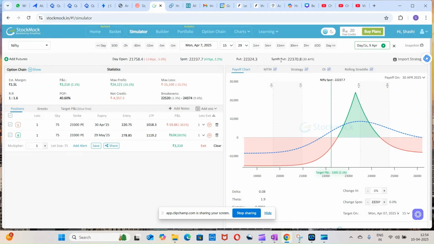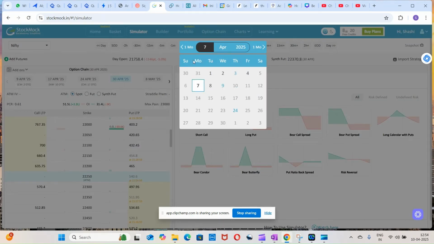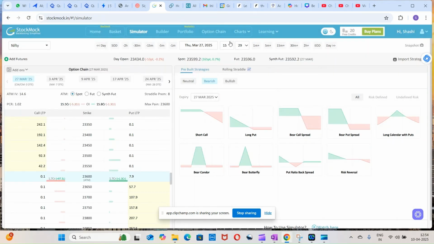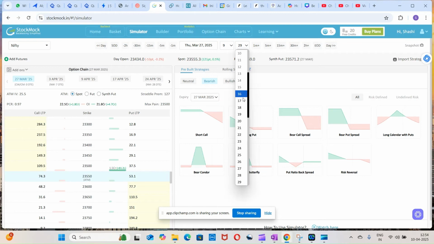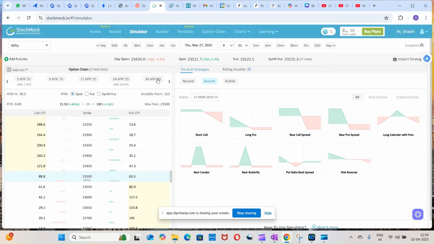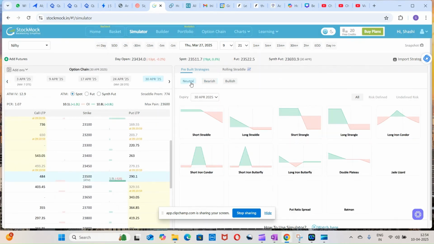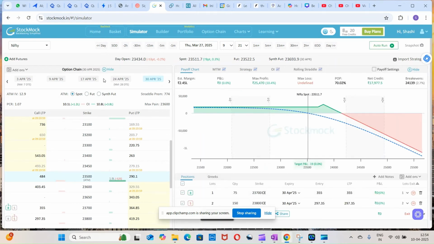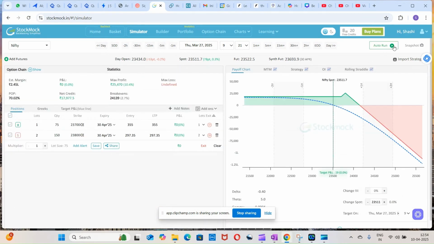Long calendar with puts we already deployed, so we could also deploy a call ratio spread. Let's do that. At 9:21, we go to April 30th and deploy the call ratio spread, and then we will test it.